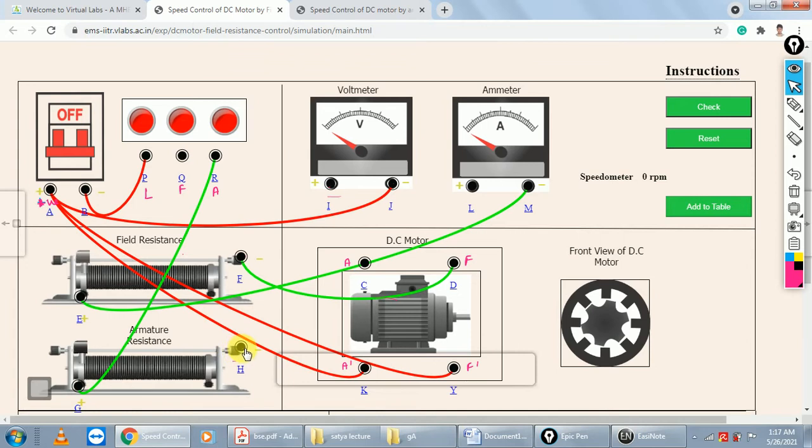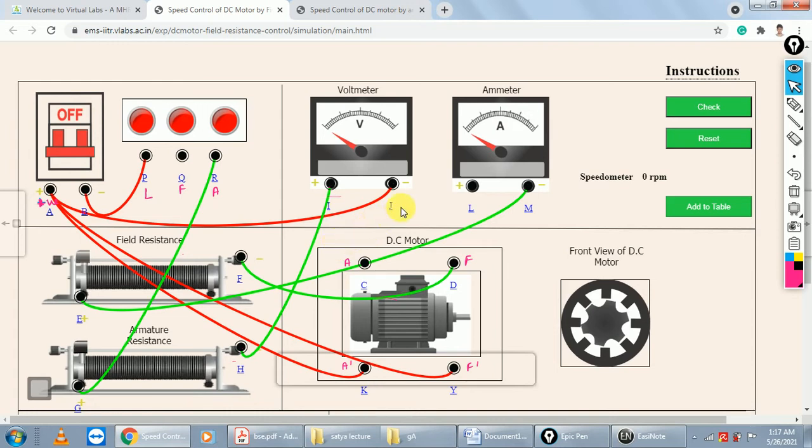Okay, and this H terminal is connected with this voltmeter's positive terminal.